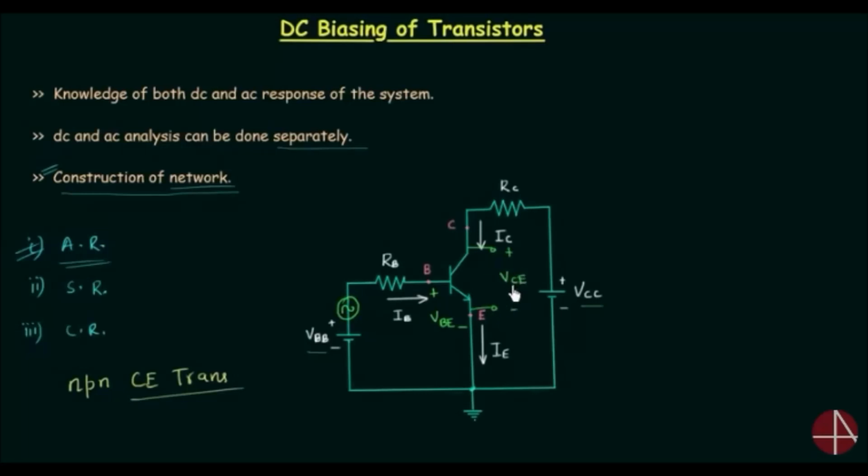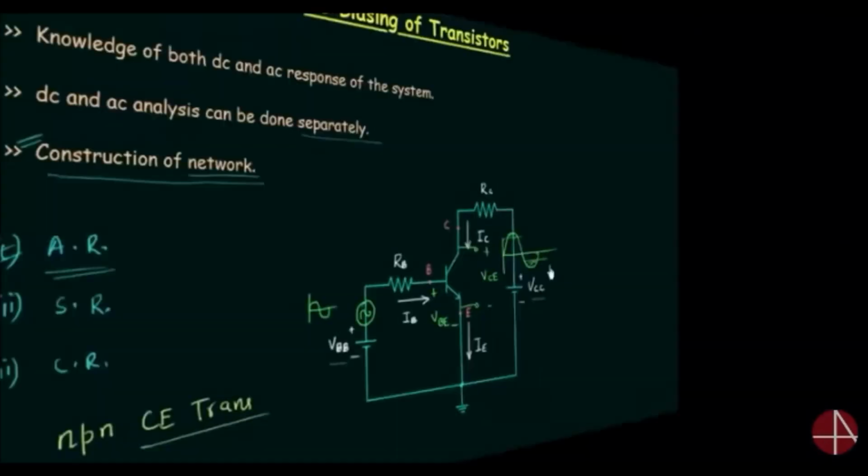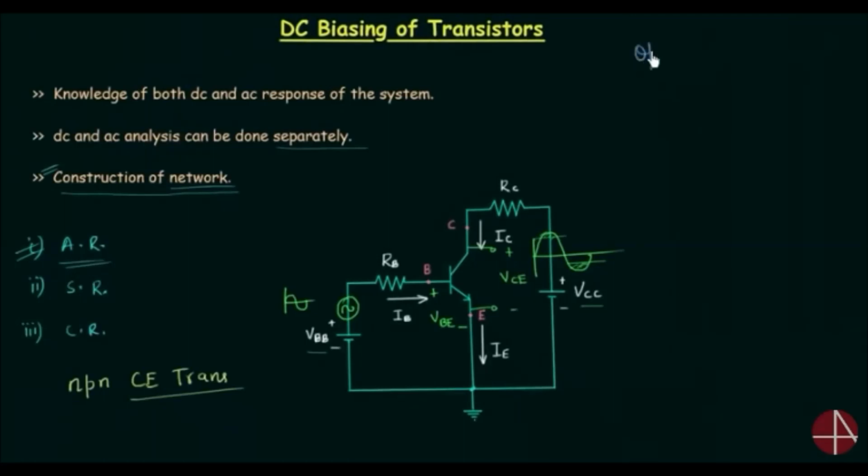For example, if the input signal is sinusoidal, then we want the amplified output signal to be sinusoidal. We don't want any portion of this waveform to be clipped. This is what we mean by the faithful amplification of the input signal. The next thing is the operating point.